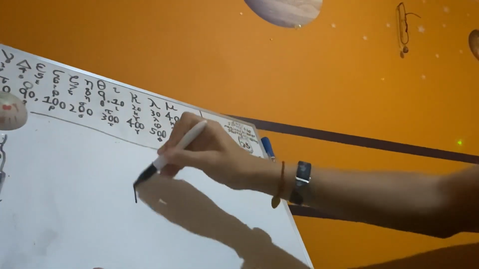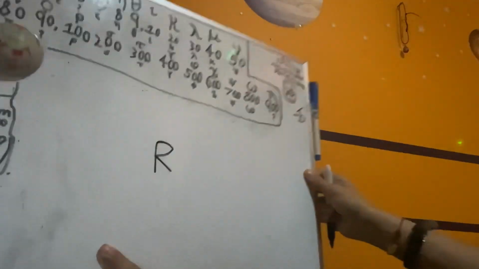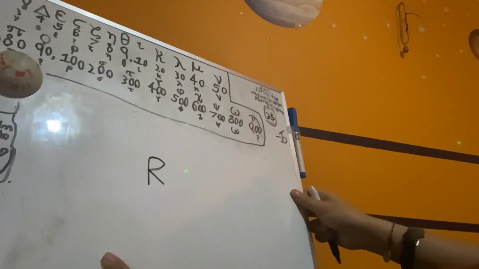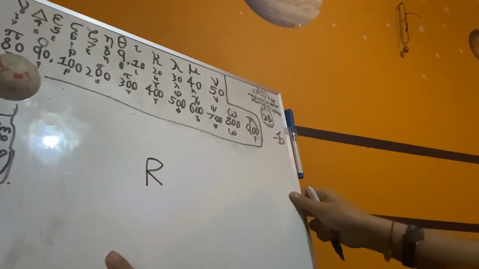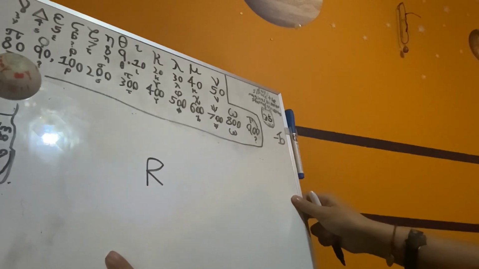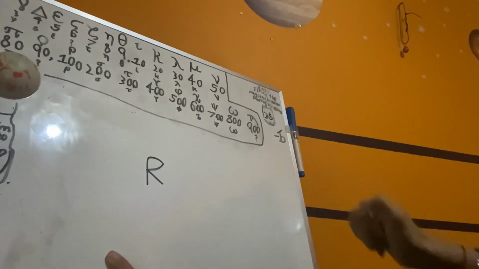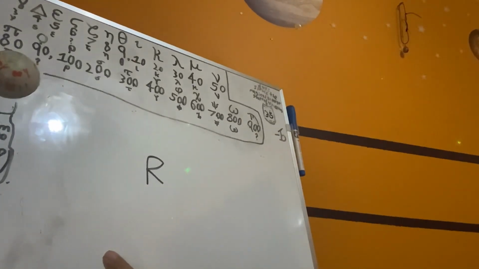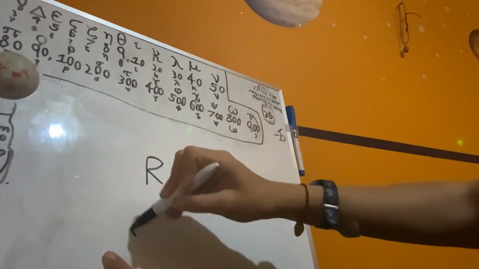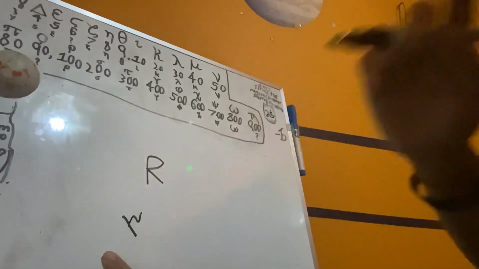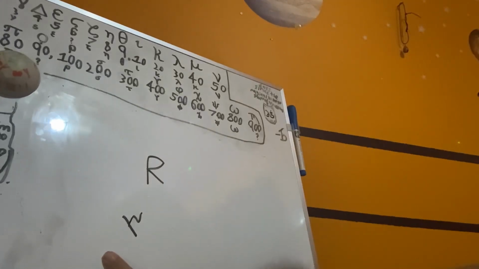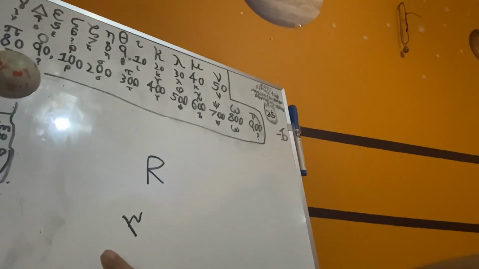Then we have R. The R, I'm sorry, but, this little, there used to be this letter. I kept trying to remember what it originates from. I don't know. It's just there.